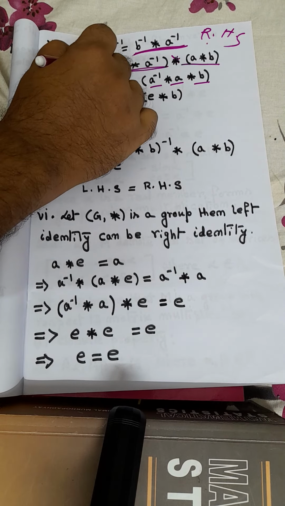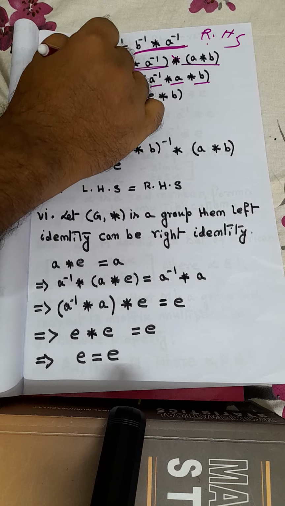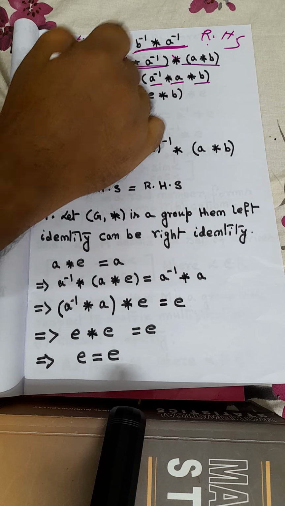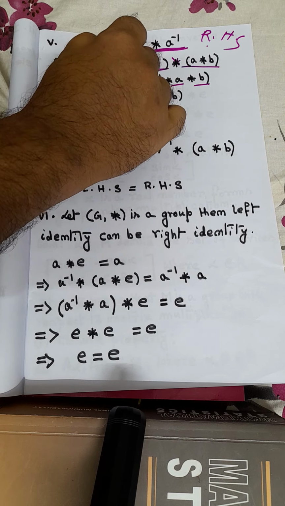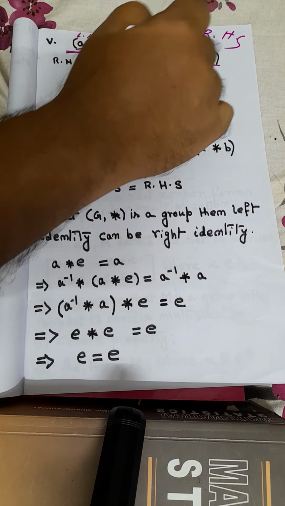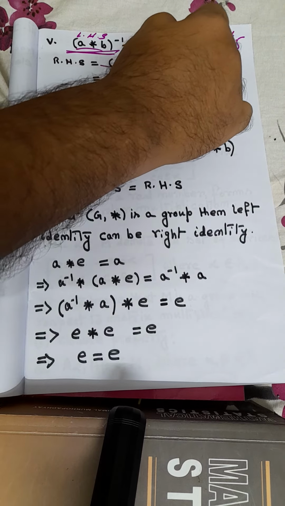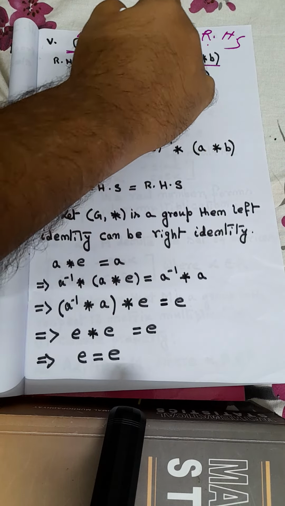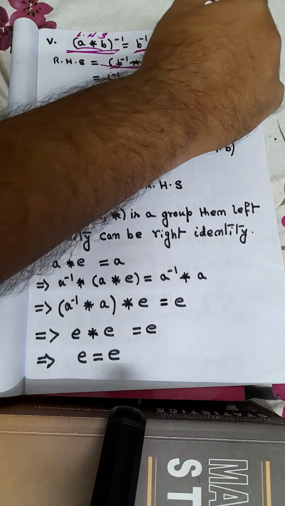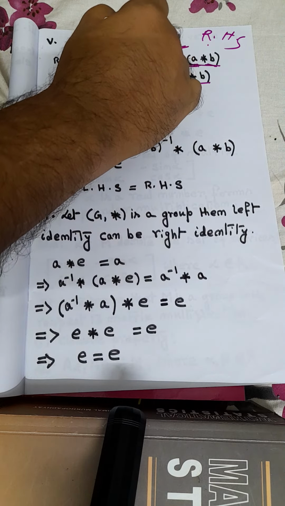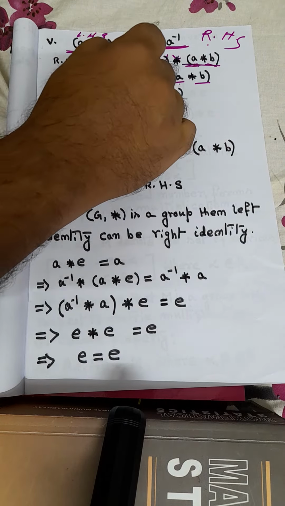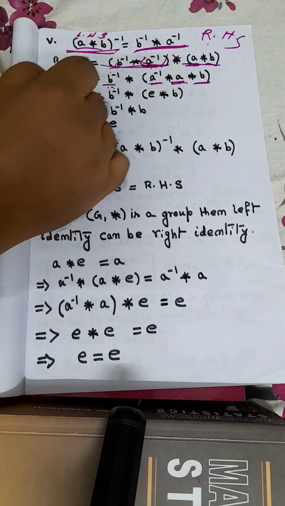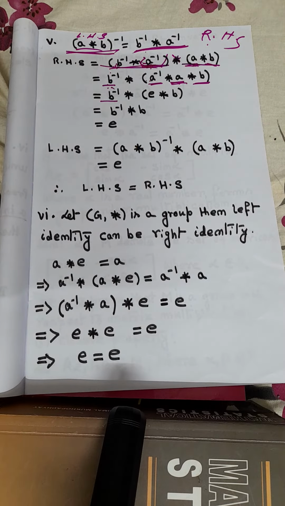If we keep b inverse outside, then we do the binary operation with a inverse first. We get a inverse a, binary operation b.